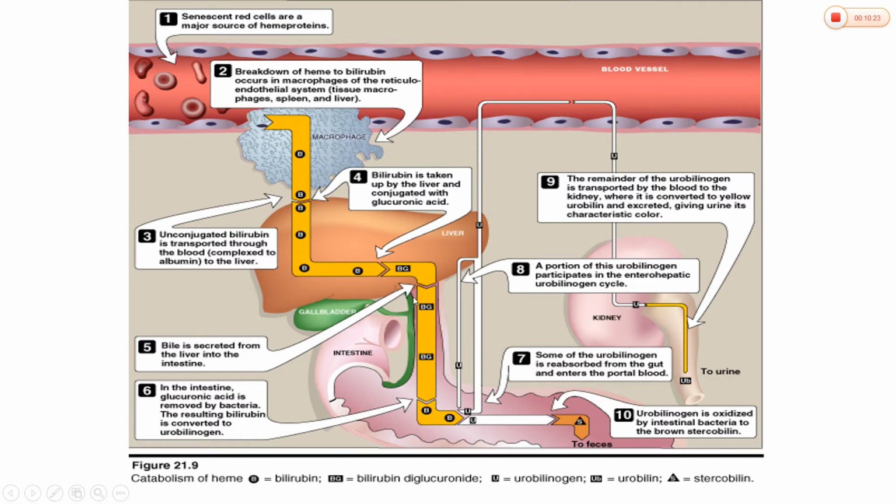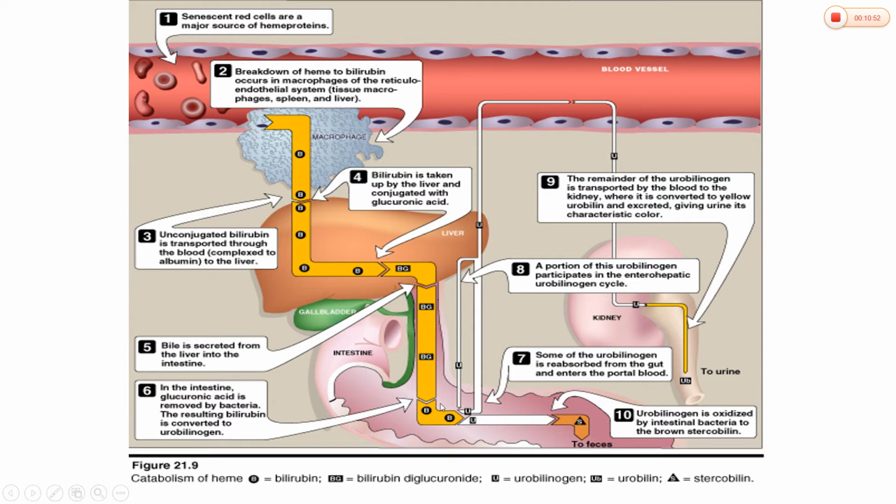In the intestine, this conjugated bilirubin, which is conjugated with glucuronic acid, is released in the bile from the liver into the intestine. Further, in the intestine, the glucuronic acid is removed because the intestine has a lot of bacteria, which results in the bilirubin being converted to urobilinogen.